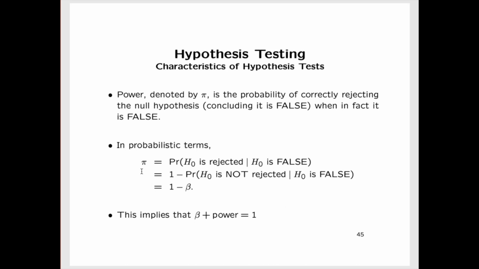And so while I'm just writing pi and beta as what looks to be just real numbers or scalars, they're actually functions of those different characteristics. But for ease of notation, I'm suppressing the various quantities that they're functions of. But for a given setting of the various things that they depend upon, they do have this relationship.